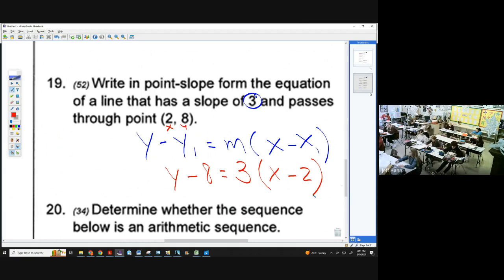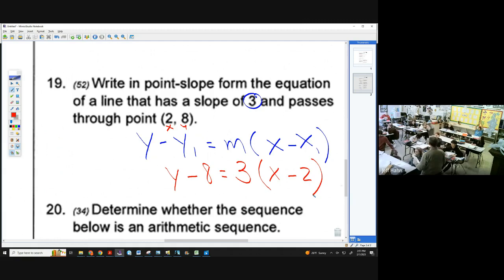There's no thinking in this. You need this. By the way, I don't like point-slope form, but it is taught out there, so you can actually just get it done. Do I need to go over that again? You just plug the numbers in. You don't have to solve. Does it say solve or does it say just write the equation?